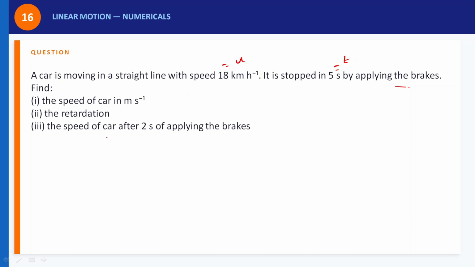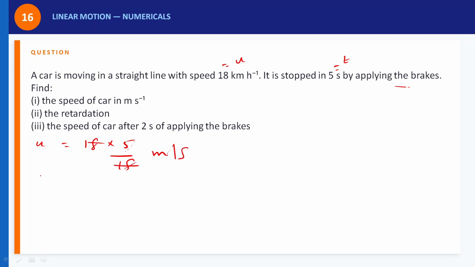As we know, u equals 18 kilometer per hour, 18 into 5 by 18 meter per second.